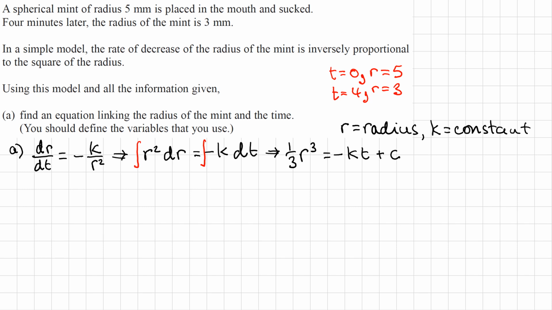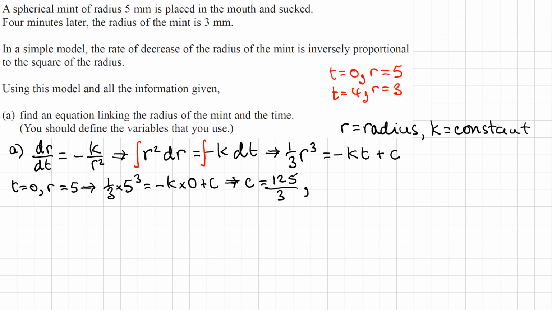So let's start with t is 0, r is 5, and see what that gives us. So when r is 5, we'll end up with 1/3 times 5 cubed is equal to negative k times t, which is 0, plus c. That's fairly straightforward. That gives c is equal to 125 over 3.